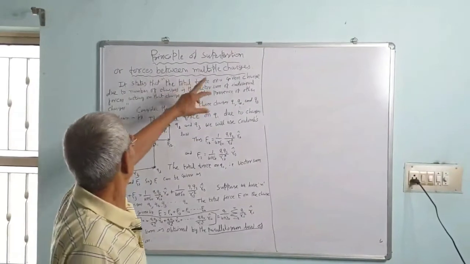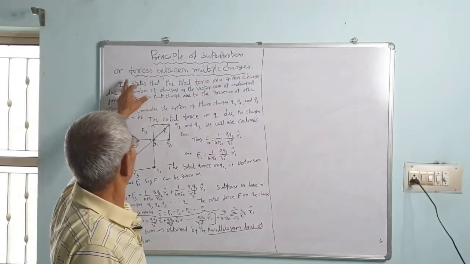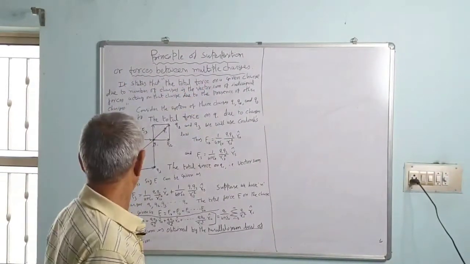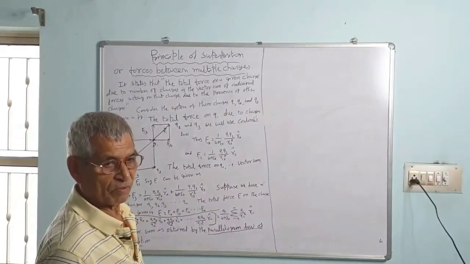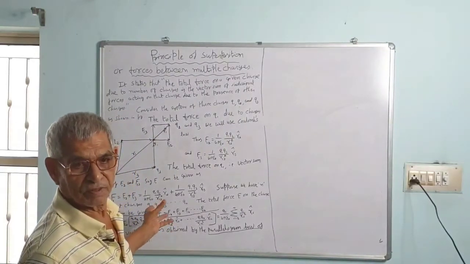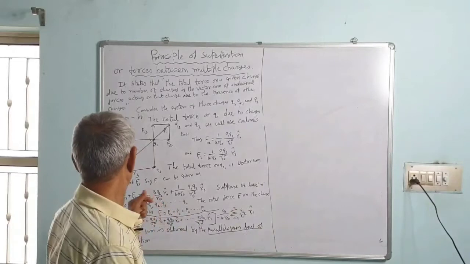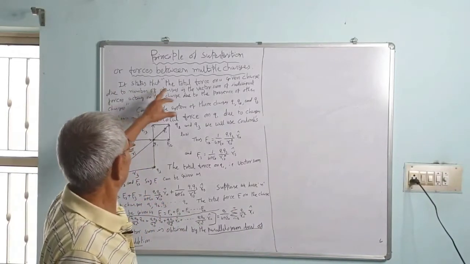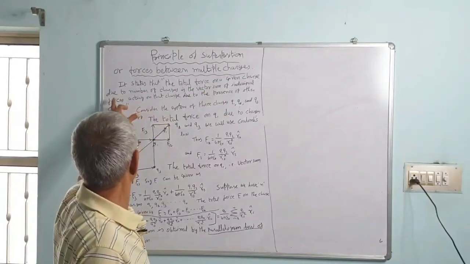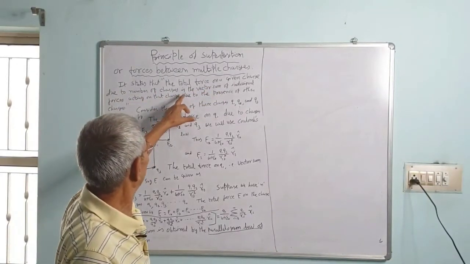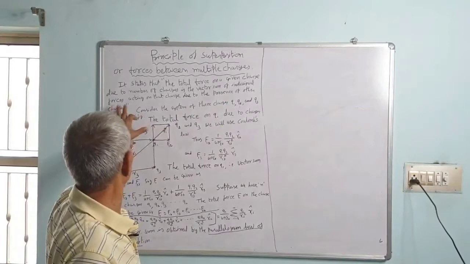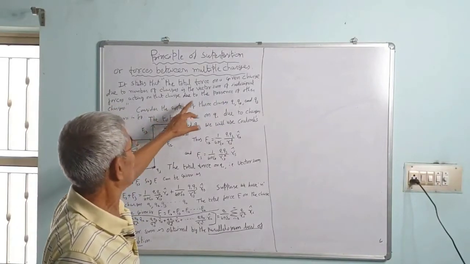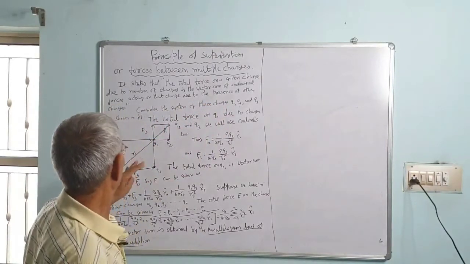The principle of superposition of forces between multiple charges. If there are more than one charges, what is the net force on the charge? It states that the total force on a given charge due to a number of charges is the vector sum of individual forces acting on that charge due to the presence of other charges.